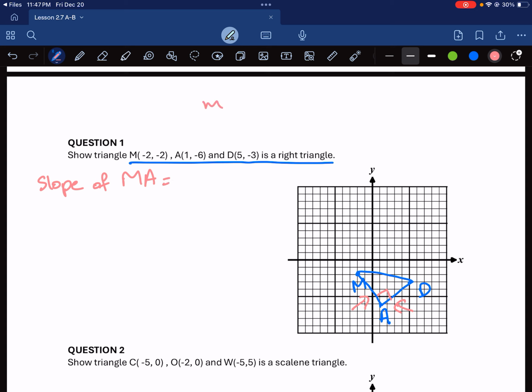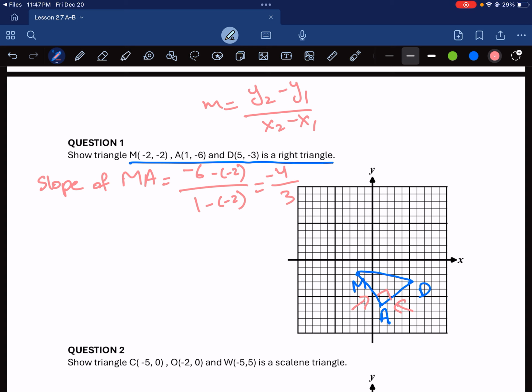Remember slope formula, y2 minus y1 over x2 minus x1. So it's going to be -6 minus -2 over 1 minus -2. So -6 minus -2, that's -6 plus 2, so -4 over 3. You cannot simplify that, so you leave that.